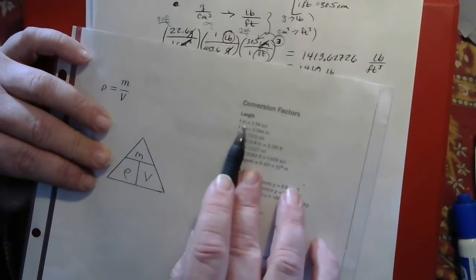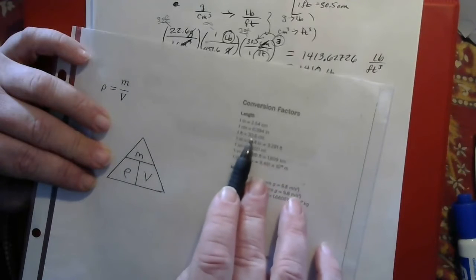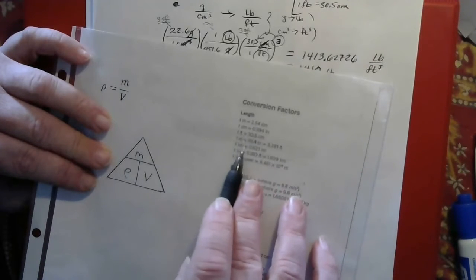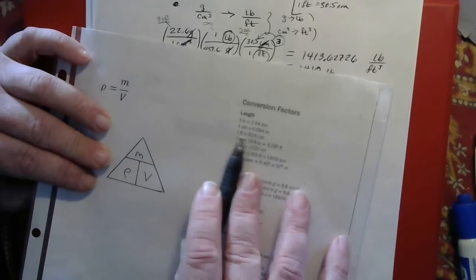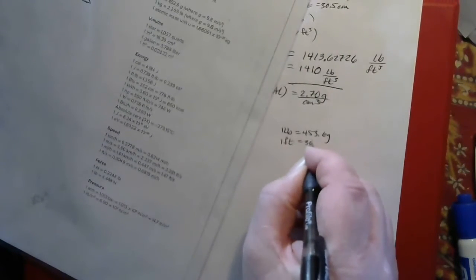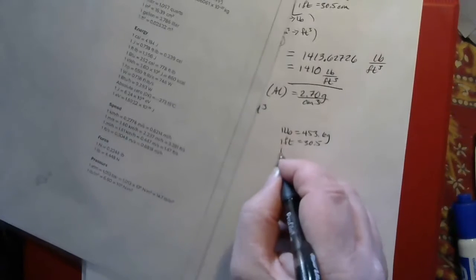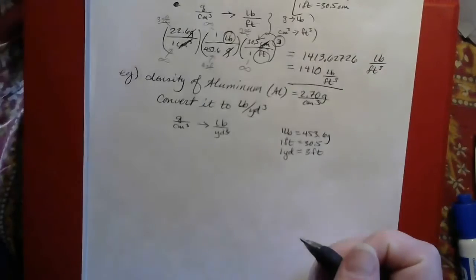No. There's centimeters to inches, and there's centimeters to feet. So we could use either one of those. How about centimeters to feet? Because, and hopefully everybody knows this, 1 yard is 3 feet.